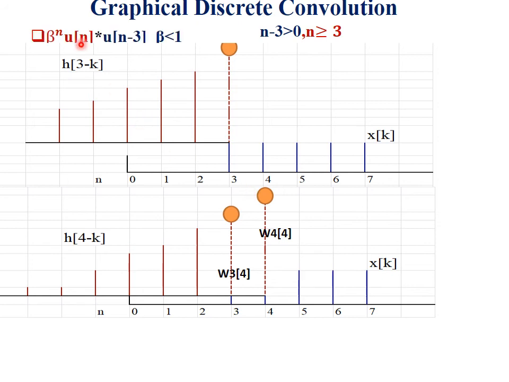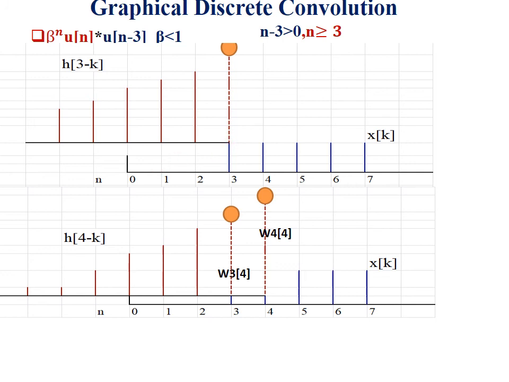Let us consider the problem beta to the n u of n convolved with u of n minus 3, when beta is less than 1. For n equal to 3, h of 3 minus k makes the signal to be such that it is having a value here giving a product of W3 of 3, which would be evaluated later.